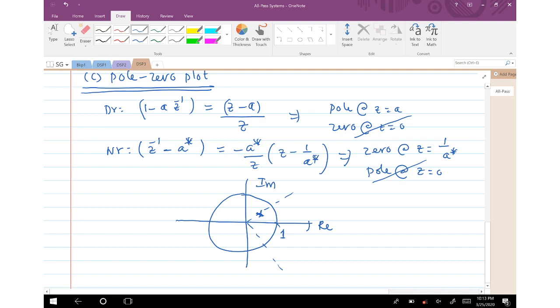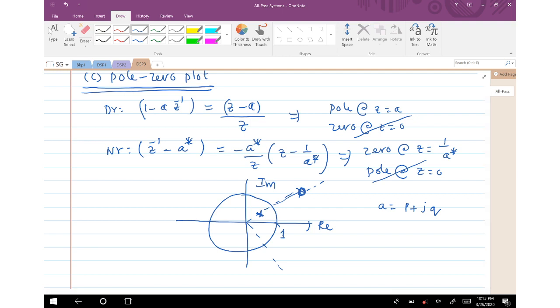Now let a be p plus jq, then 1 by a conjugate is here, 0 is here. If the pole is here, 0 is there, and vice versa. And suppose that's the case.